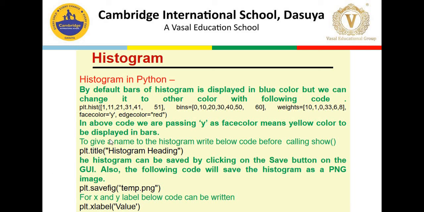Similarly we have given a name to the histogram under the title method, where we can pass the heading. And finally we can save the image using the savefig method of the Matplotlib package. And similarly, how to represent the data on the x-axis and on the y-axis.